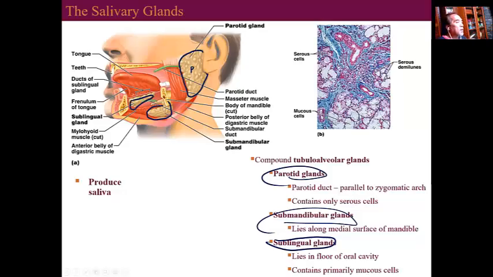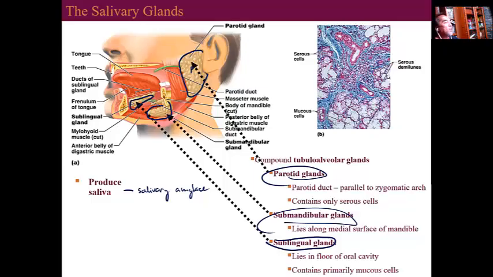So those are the three salivary glands. Those are the accessory glands that are located in the mouth. They produce saliva, which also has an enzyme called salivary amylase. And that's the reason why we consider the mouth, because of the saliva, as the start of digestion.